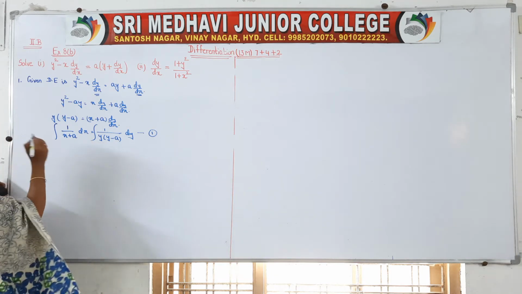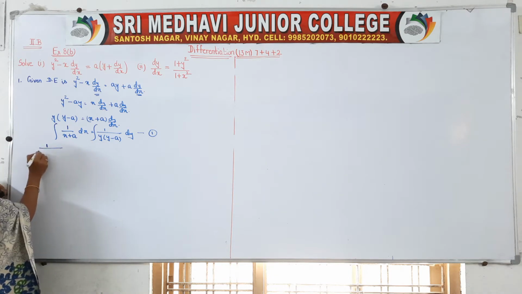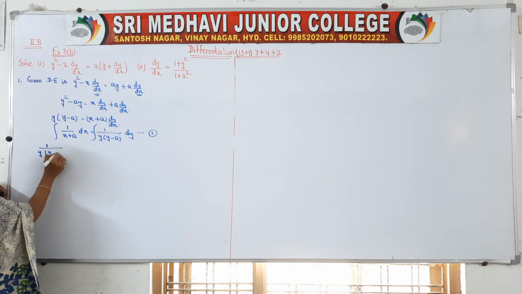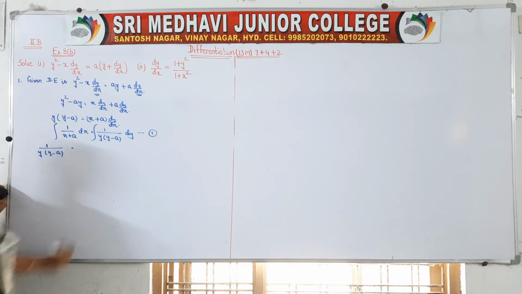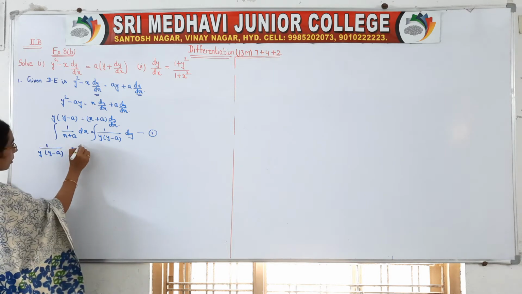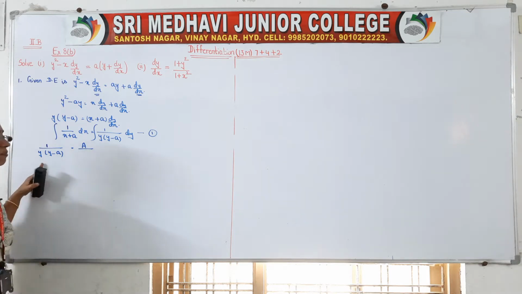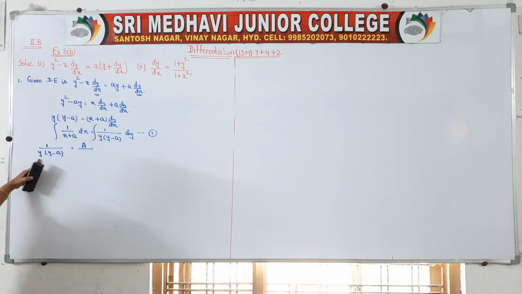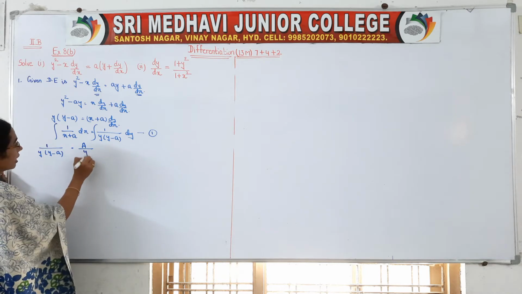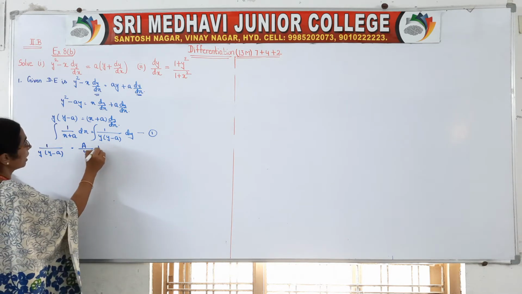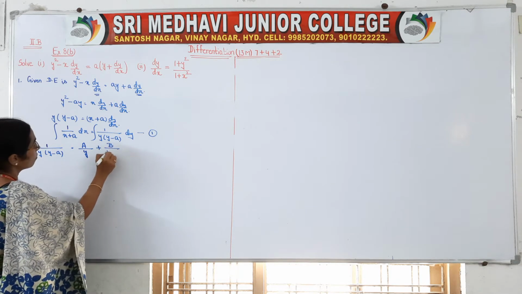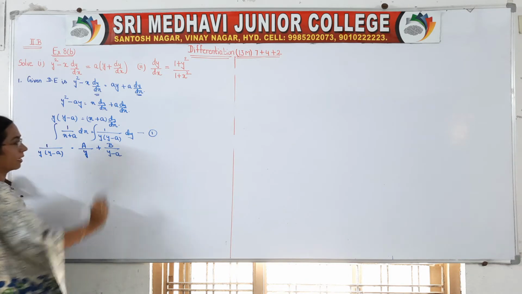So how can we take that one? 1 by y into y minus a, small a it is, right? According to partial fractions, there is a rule: each linear factor should be taken as some constant over that factor, a by y plus b by y minus a.